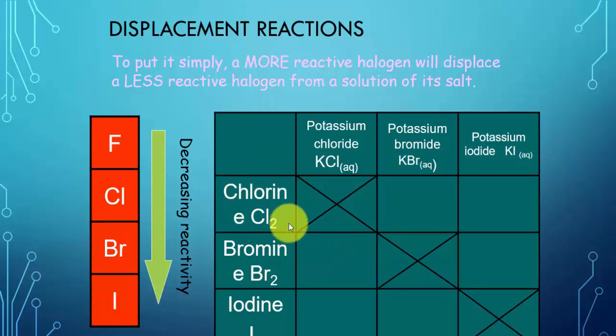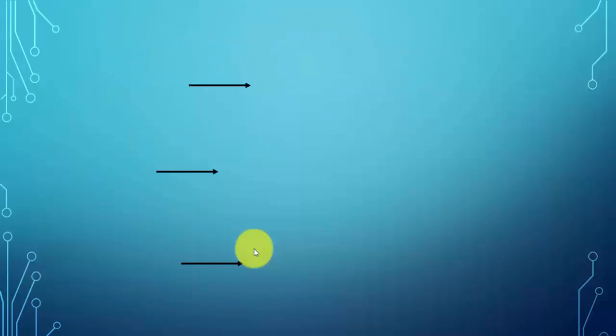So when any element, Cl2 or Br2, I2, reacts with a solution of another halogen, if this element is more active, it can replace that element. But if this element is not more active, it can't replace the other halogen.